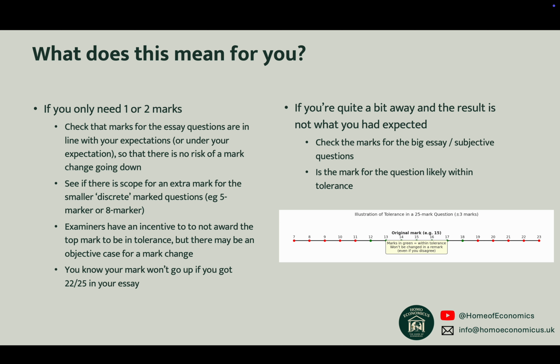So say, for example, you've been given 15 out of 25 and you don't think that's fair. Ask yourself, can you possibly see yourself anywhere between 12 and 18, right? Because at 15, you're within tolerance if the essay is anywhere from 12 to 18, right?